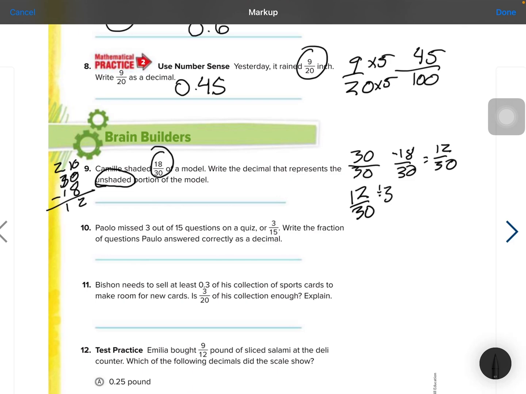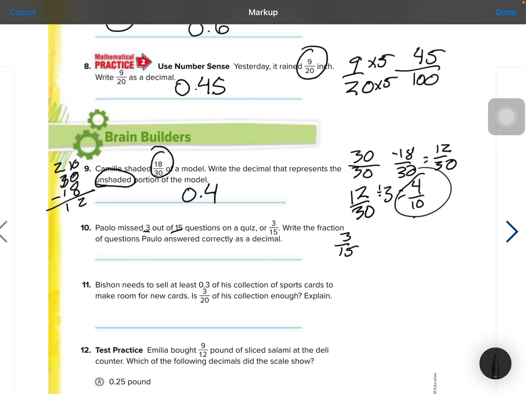So I know that 3 will go into 12 4 times, and 3 will go into 30 10 times. Oh, that makes it nice because then I can see that 4 is in the tenths spot. So 4 is in the tenths spot.